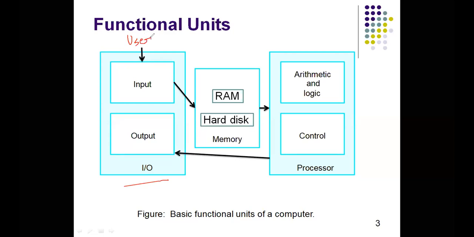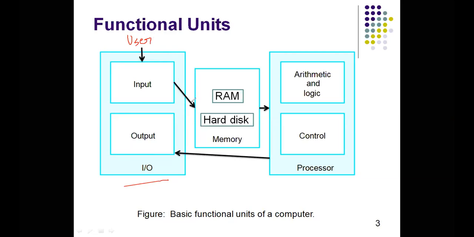By using this input device, we can give any instruction to our computer. So can anyone tell me some input device names, through which device we can give input? The keyboard, mouse. Keyboard and mouse are actually input devices.